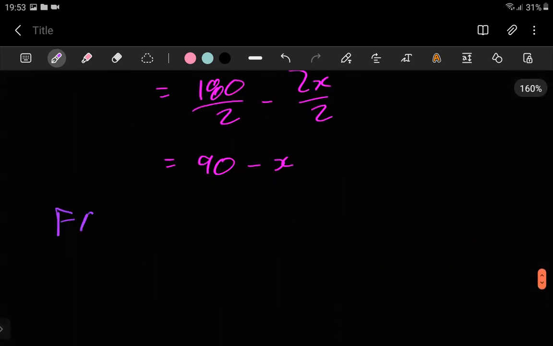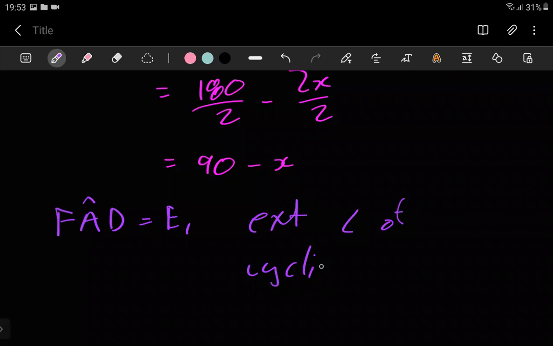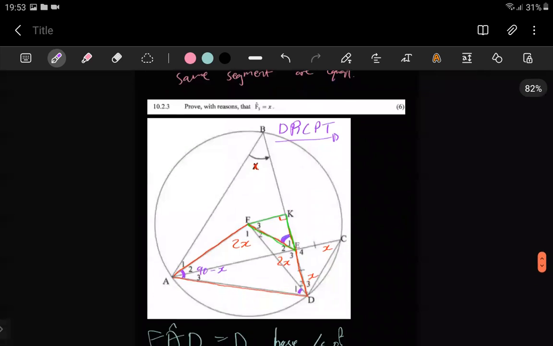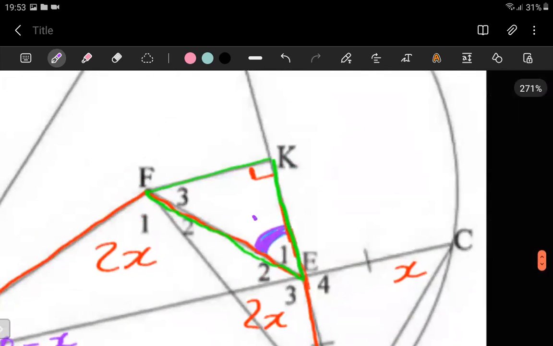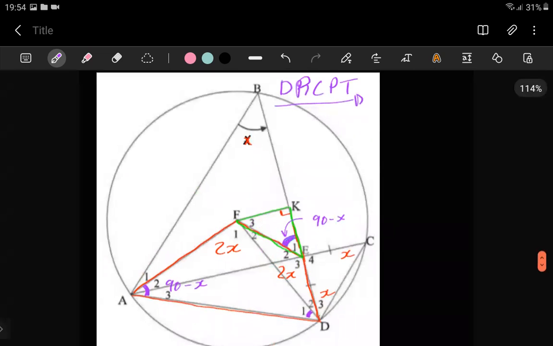FAD is equal to E1. The reason there is exterior angle of cyclic quad, you see. And you're seeing that we're slowly moving up in terms of our sketch, because as we said in the beginning, the last thing you want to do is to come from here straight there. No, we literally just plotted wherever else we have x.